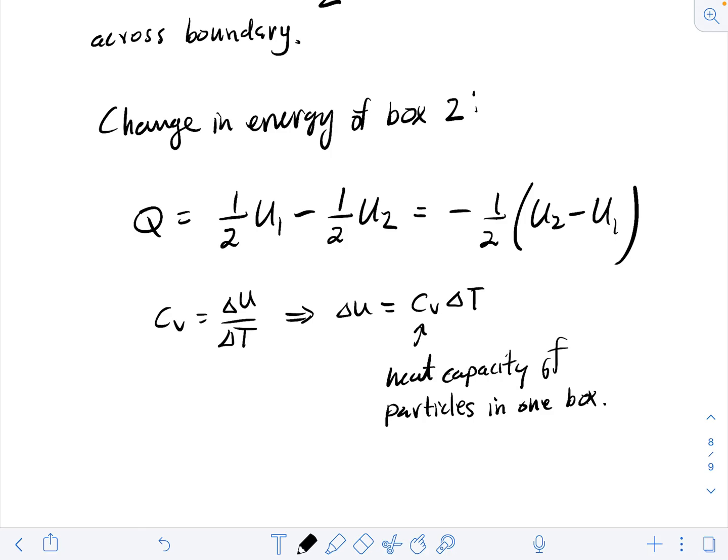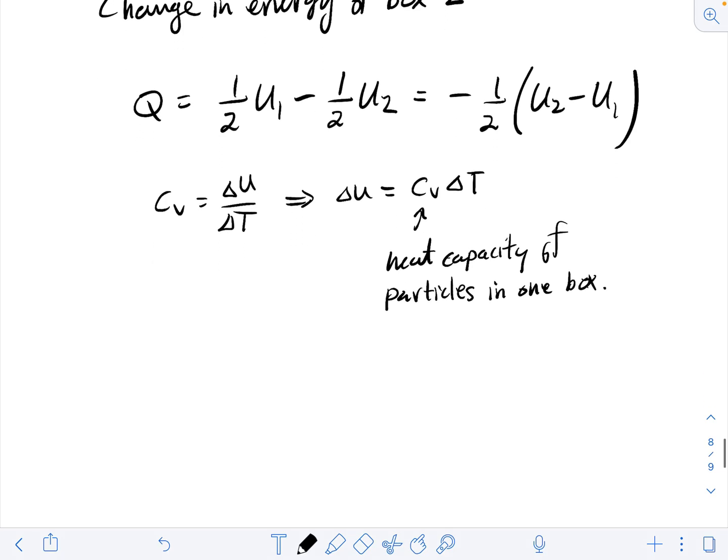Because we're talking about the heat that was added to box 2, and that's dependent on the particles that are in box 2. Okay, so this Q is then going to be equal to minus 1/2 times the heat capacity times the temperature difference.